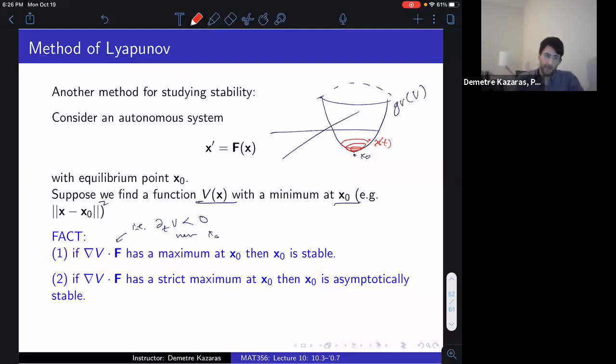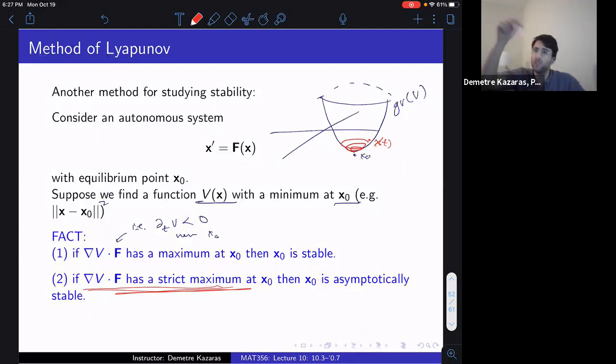Okay, if the gradient of V dot f has a strict maximum at x naught, which is to say that x naught is the true maximum of gradient of V dot f among all nearby points, so there's no other nearby point with the same value, a strict maximum, then you conclude that you have a picture like I just drew there, where x naught is actually asymptotically stable.